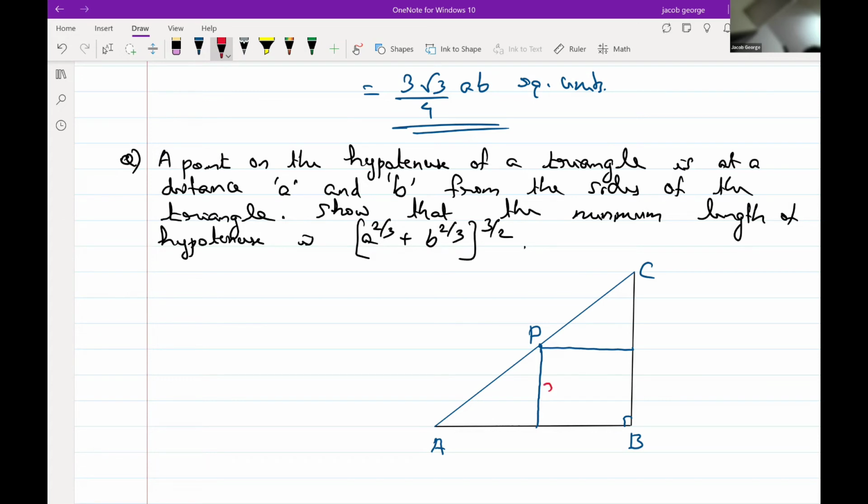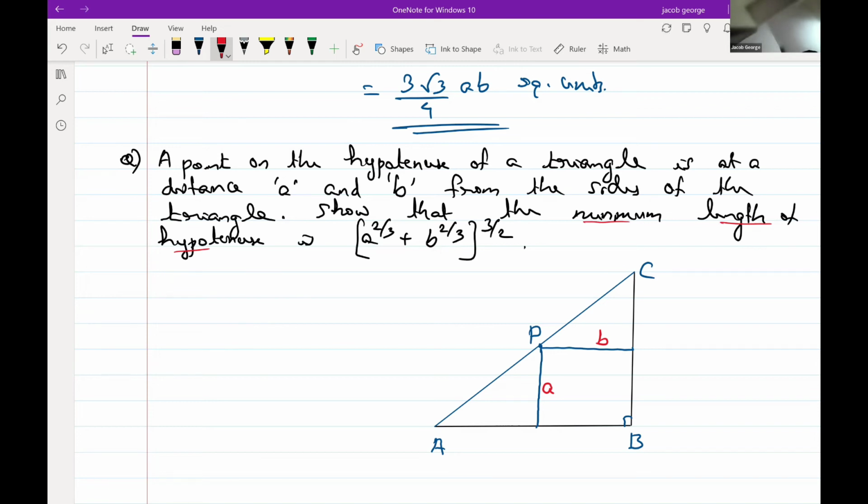This is a unit and this distance is b unit. So our question is to find out the minimum length of hypotenuse. That means length of hypotenuse is the function to be minimized.